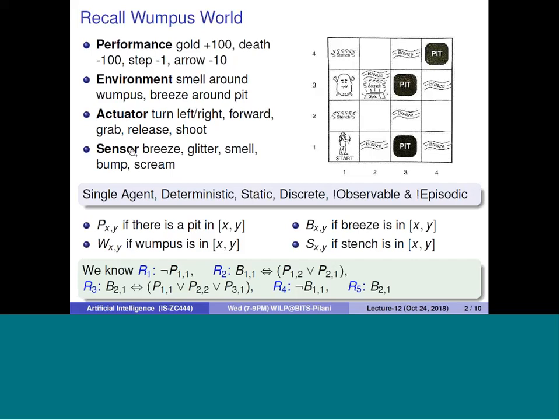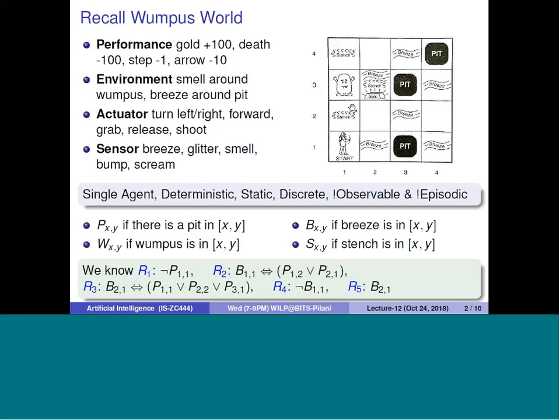We discussed this in the last class in great detail. There is an agent in location 1-1, and his task is to find the gold. If he is in the same cell where there is gold, he can feel the glitter. If he is near a pit, he can sense a breeze.